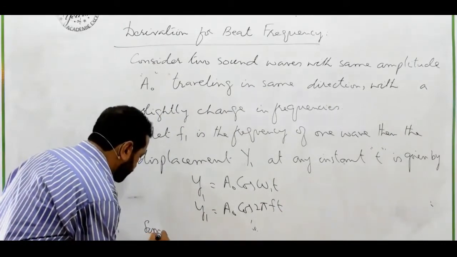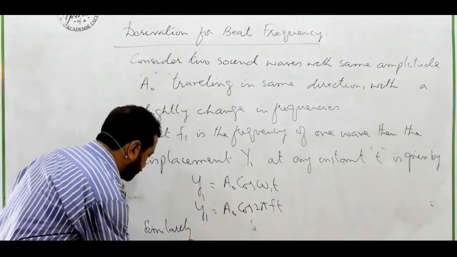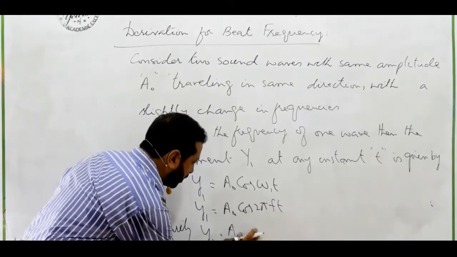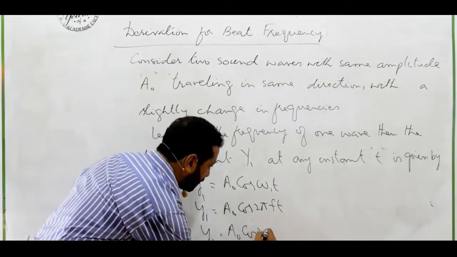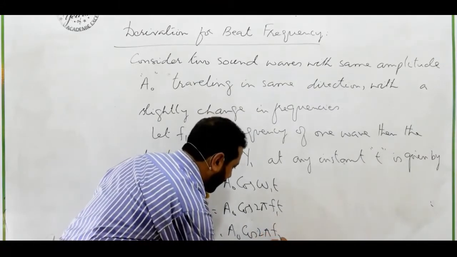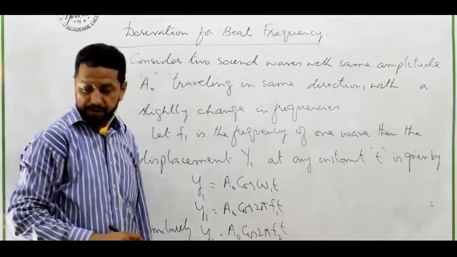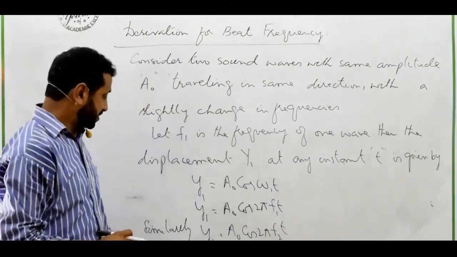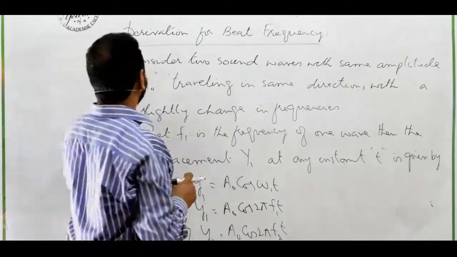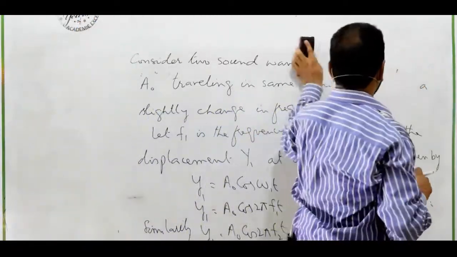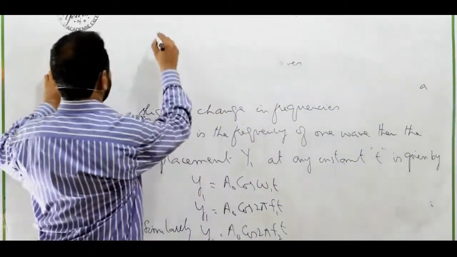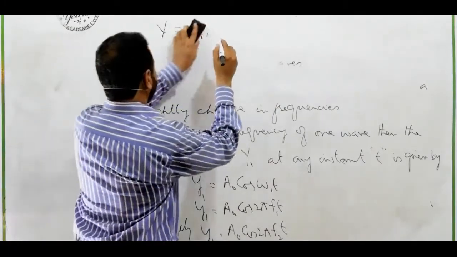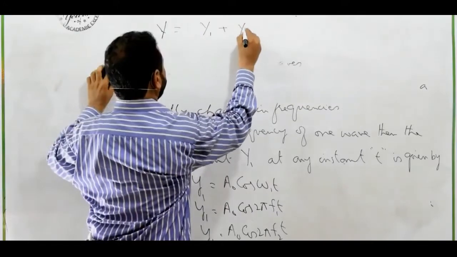Similarly, y2 is equal to A naught cos of 2 pi f2 t. When they produce the beats, as you know that they are both in the same direction, their resultant displacement will be y equal to y1 plus y2.